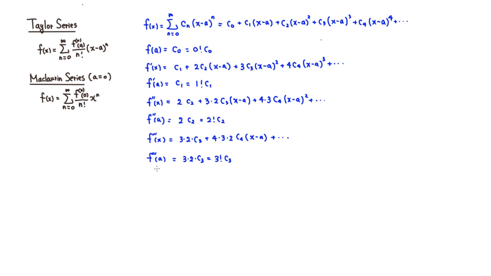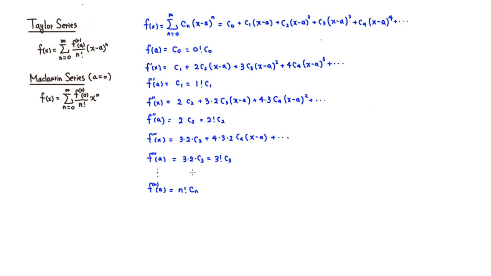Therefore, following the pattern, if you take the nth derivative of f and evaluate it at a, for the third derivative it's 3 factorial C3, and for the nth derivative, obviously, it's going to be n factorial times C sub n.